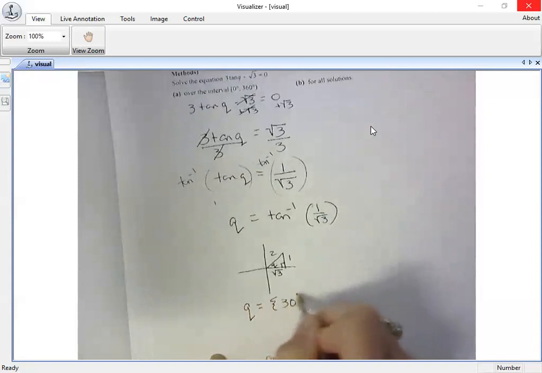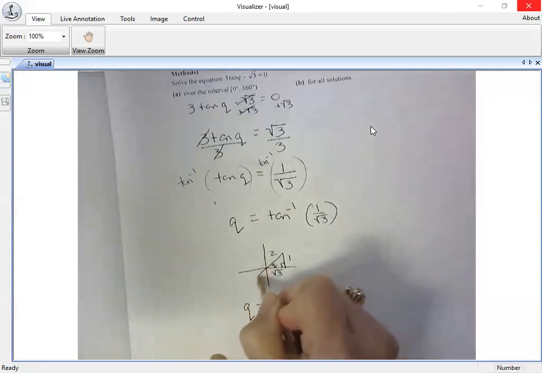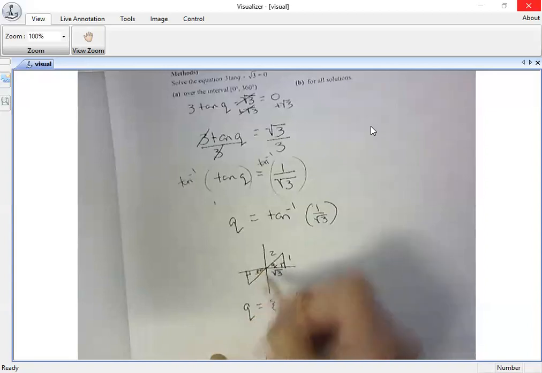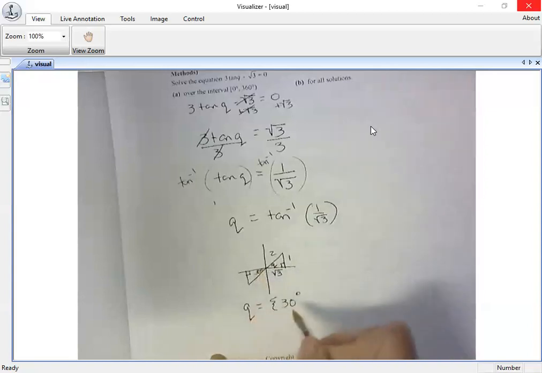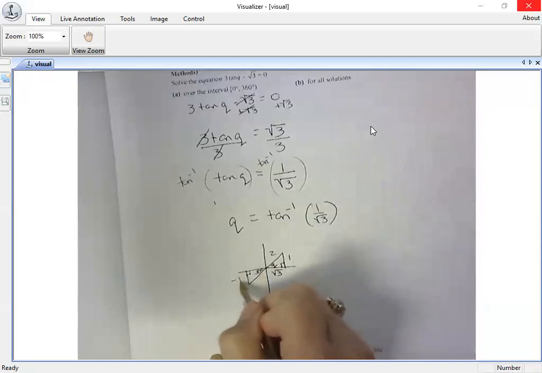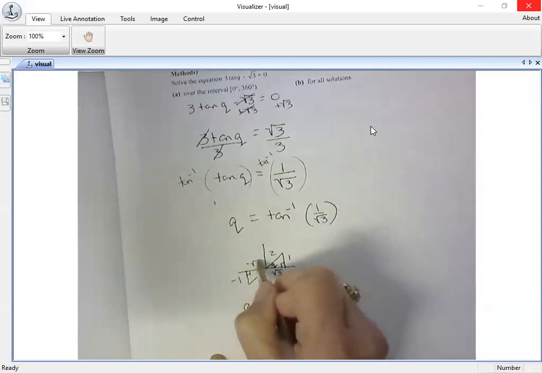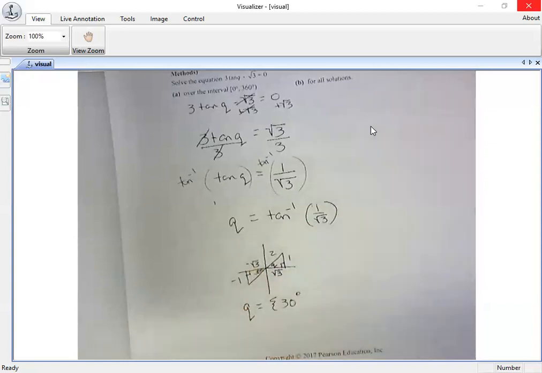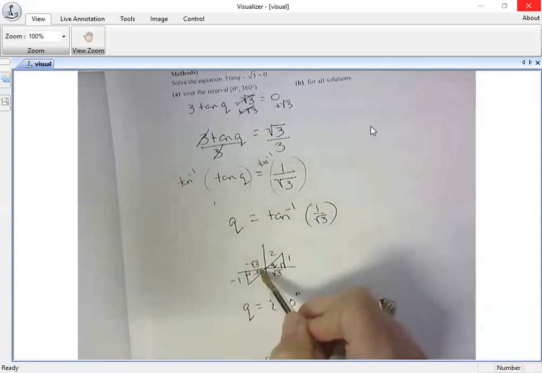30 degrees. Now, if I go to quadrant 4, and this is a 30-degree angle in quadrant 4, so that I would have a -1 here, and a negative square root of 3 here, and a negative divided by a negative gives me back a positive, what would this angle be?